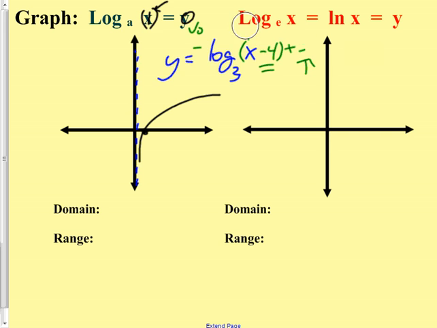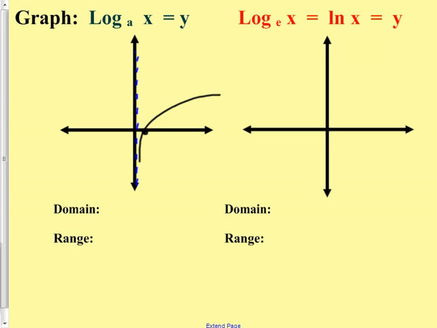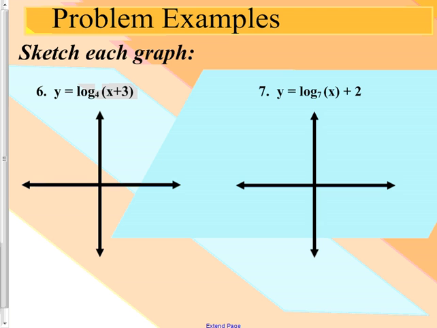Okay, so there's your general log graphs, and all they're going to ask you to do for those is the same kind of deal where you know what this one is going to do to it. Not up 3, left 3, okay? And this one? Up 2, okay? What's the difference between a log base 4 and a log base 7? Same as last time. With exponentials, it was how sharp the turn is.